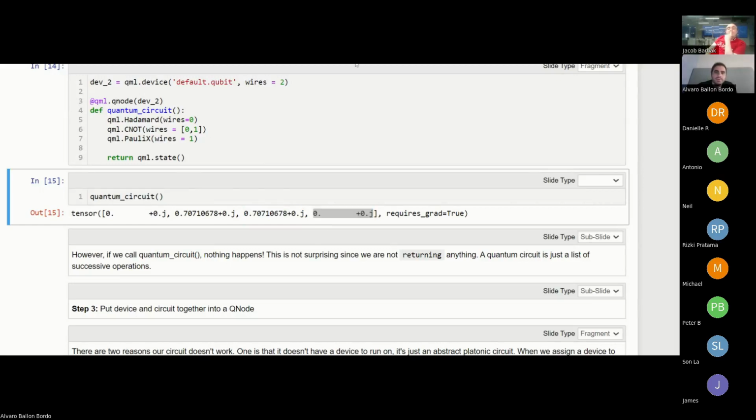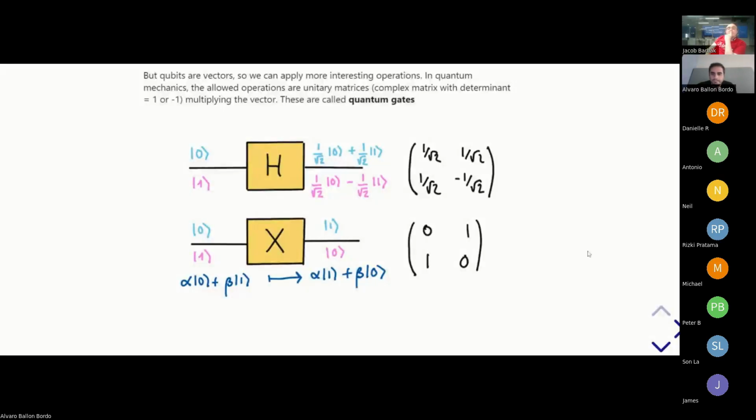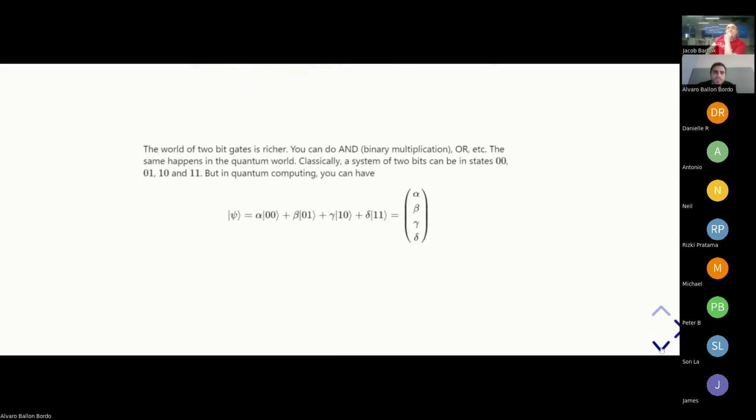It is a vector with 4 components because, as we saw before, when you have 2 qubits, the way to represent 2 qubits is as a vector with 4 components. Okay, so 1, 2, 3, and 4, where the first component represents both qubits being in 0, the second one being in 0 and one being in 1, and so on.